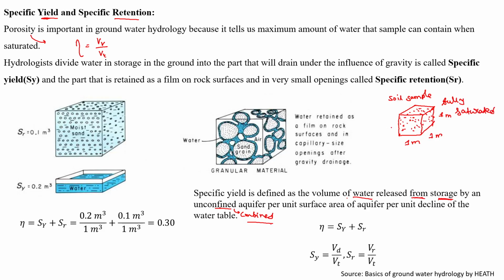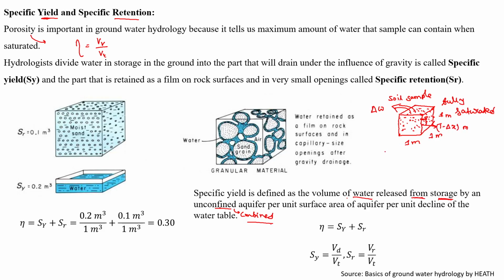So what happens? Suppose you have taken some water from this particular soil sample, let's say delta W. Because of this, initially the soil sample was full up to here, and now it has reached only this level. Initially this is 1 meter, now it would be 1 minus some delta x meters.